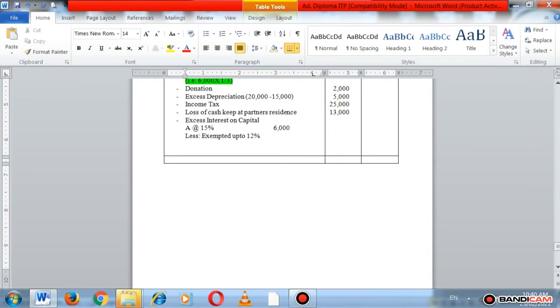So 12% on 6,000: 6,000 multiplied by 12 divided by 15 is 4,800, which is exempted. 4,800 is exempted interest and the remaining balance is taxable. So 6,000 minus 4,800, that is 1,200, is taxable interest of Mr. A.